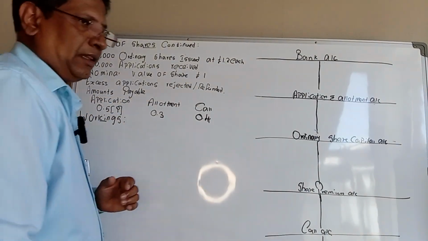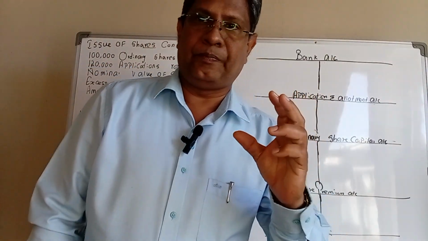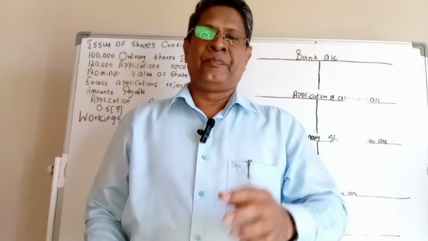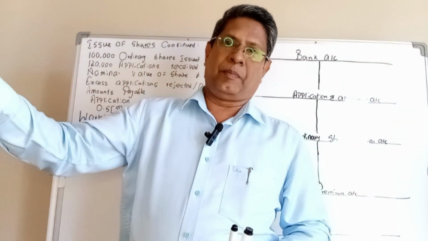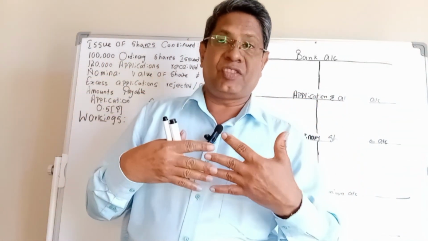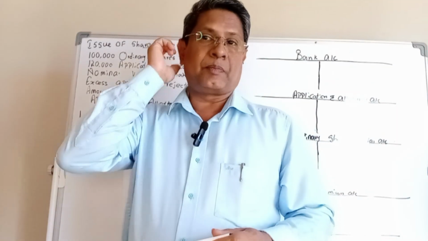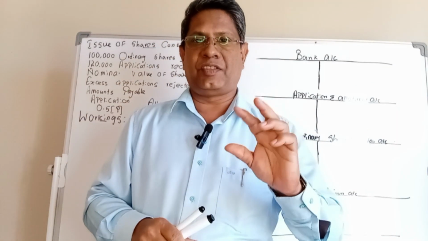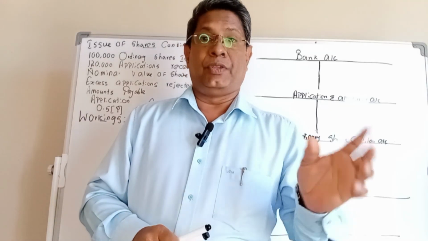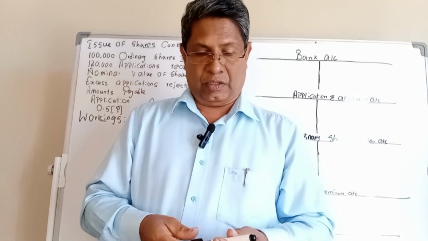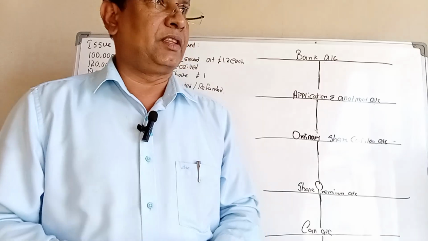And then you will understand that if the issue price is 1.2 and the nominal value is £1, there will be a share premium, isn't it? Which I did explain to you in my previous contents. We'll today see how we are going to prepare the ledger accounts along with this share premium.